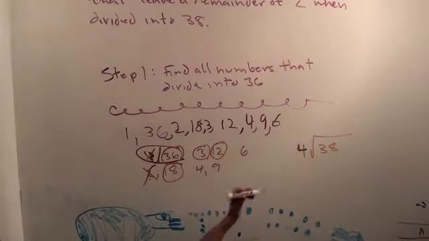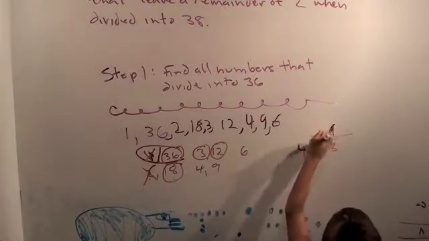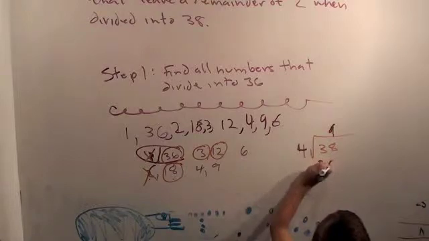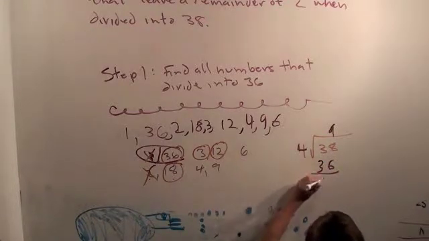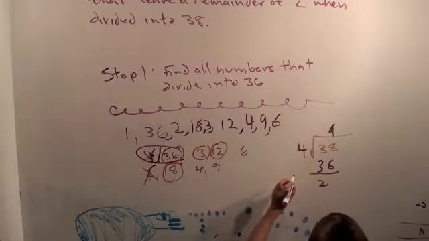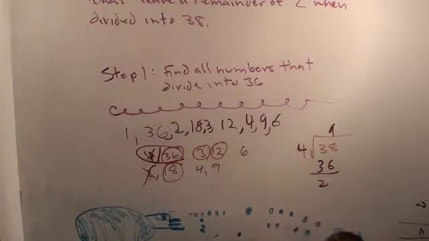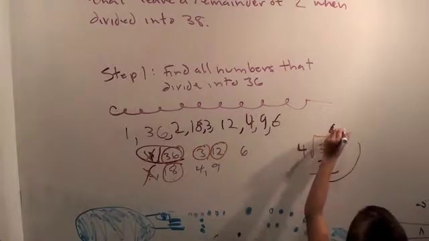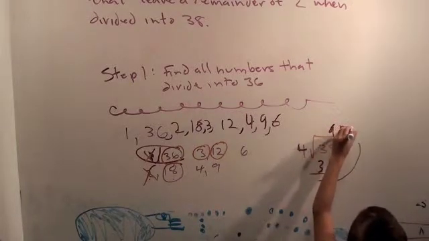Okay, go ahead. So we put a 9 there. 9 times 4 is 36. 38 minus 36 is 2. Well, you can't bring down anything. Right. So what does that mean? It means you bring up the 2. It's 9 remainder of 2.